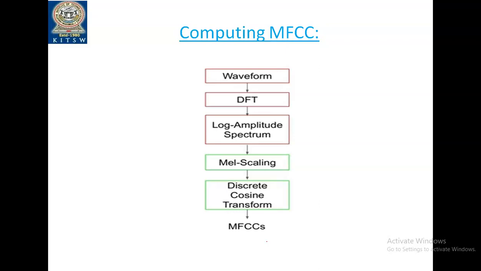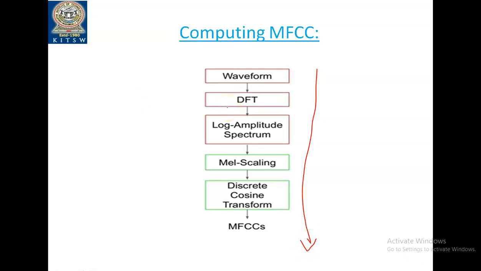For computing the MFCC, here we have the flowchart. Waveform is there, and then DFT, then log amplitude spectrum, Mel scaling, discrete cosine transform, and there we will be getting the Mel frequency cepstral coefficients. So this is the flowchart you need to understand for computing the Mel frequency cepstral coefficients.